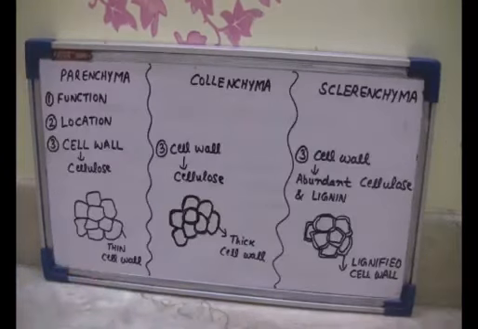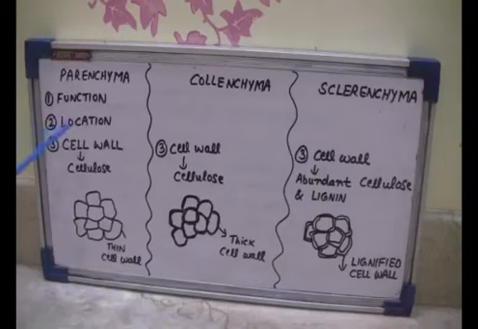Now children, if you get a long answer question to differentiate between parenchyma, collenchyma and sclerenchyma, then first of all you have to write the functions of all three. I will tell you the function of all three again. The function of parenchyma is to store the food and waste products.